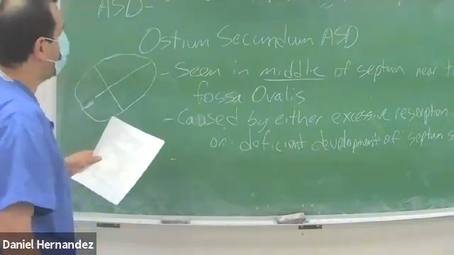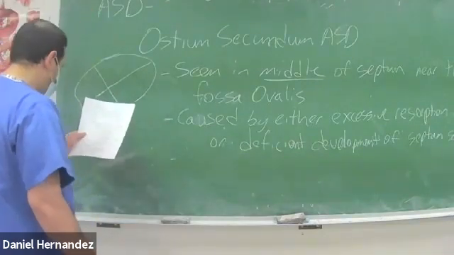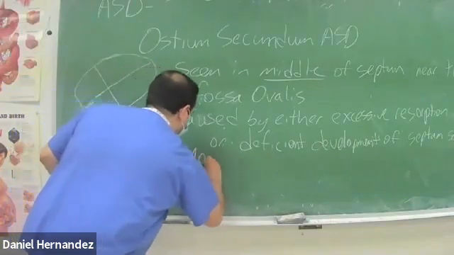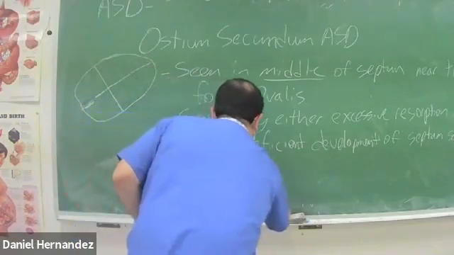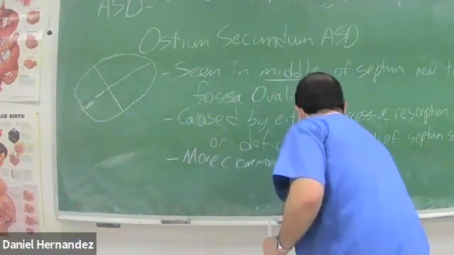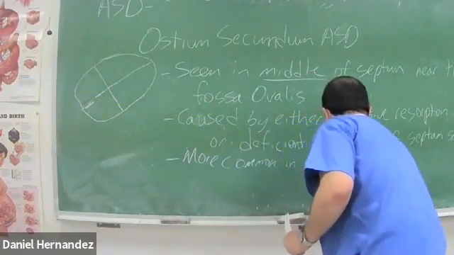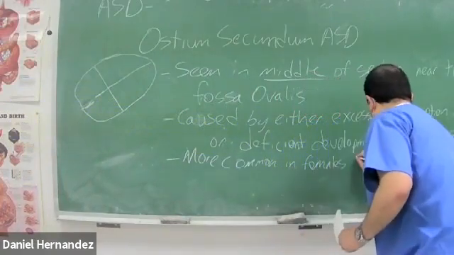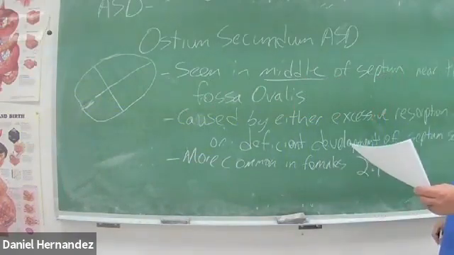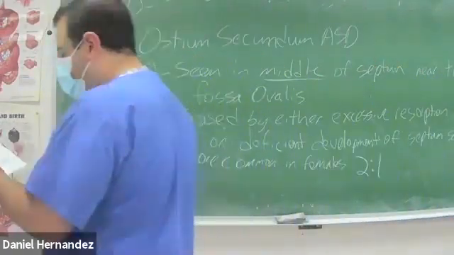So with our secundum ASD, it's more common in females, at a ratio of about 2 to 1, twice as likely to occur in females.